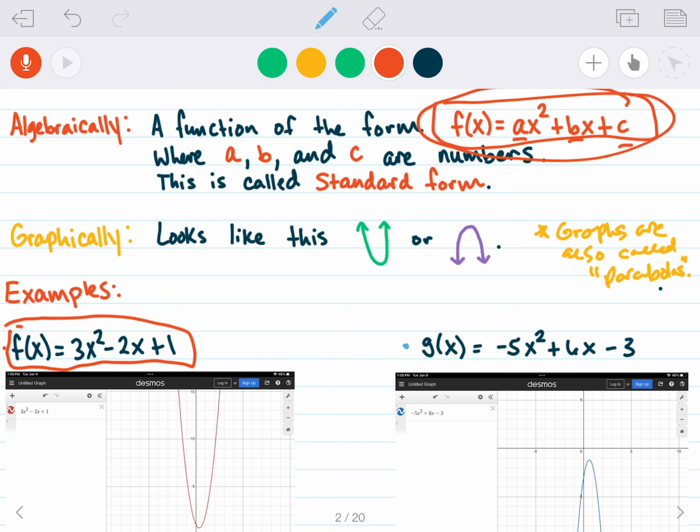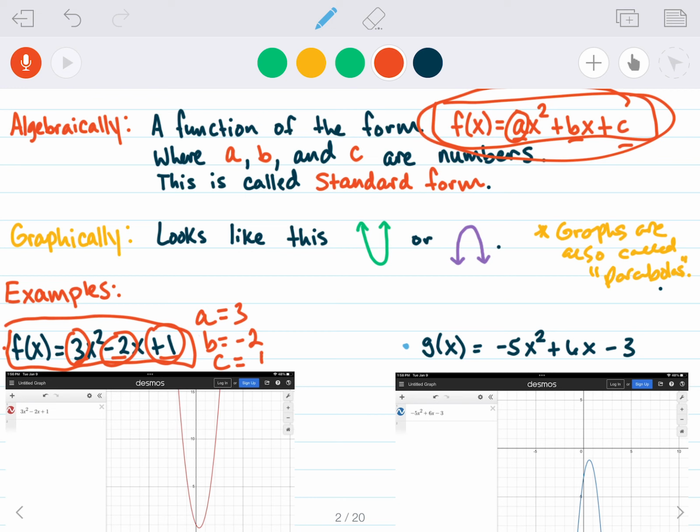There's an output, and there are three numbers that represent a, b, and c. There's an x squared, and there's an x. In this case, a would equal 3 because it's attached to x squared. b would equal negative 2 because it's attached to the x. And our constant is c, and that constant number is just positive 1.